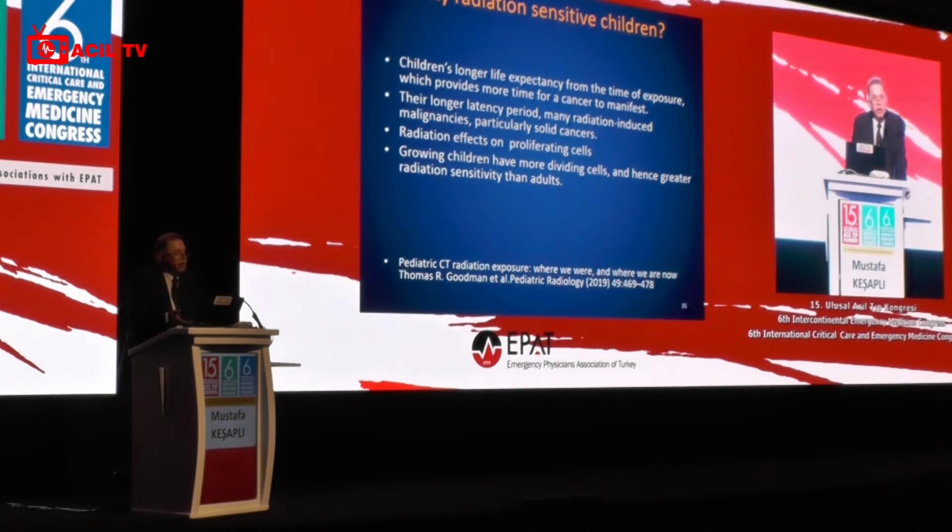Why is radiation a sensitive issue for children? Because their life expectancy is so high. If you expose them to radiation early in their life, the proliferating cells, their more dividing cells, are affected, and this can become solid cancers also, my friend.